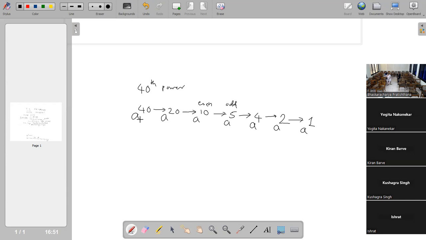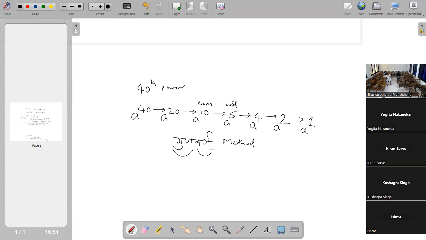So Bhaskaracharya calls it the Guna Varga method. Guna means you multiply by that number. Varga means you take the square. So by this way, you can very easily find the power, and the number of steps is much smaller.